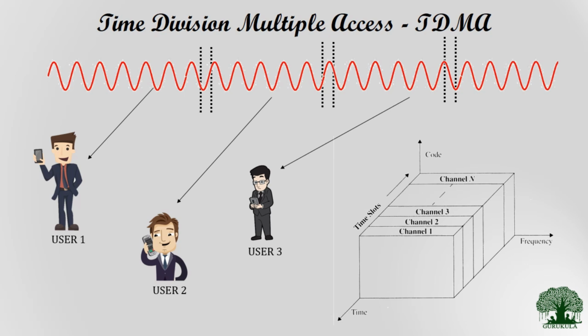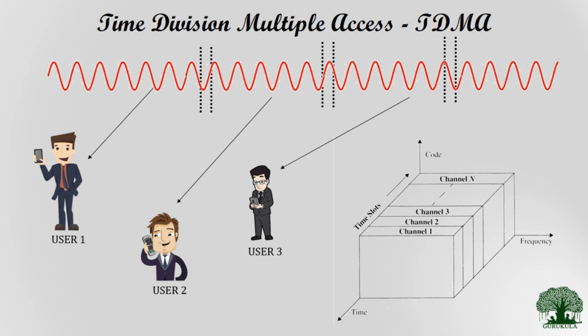As depicted in the figure, the users are differentiated with respect to time slots. Whenever a user gets his time slot, he can communicate his messages by utilizing the entire spectrum, so any user does not have any restrictions on the band of frequencies he can use. He can use the entire frequency band, but the restriction is imposed on the time period.